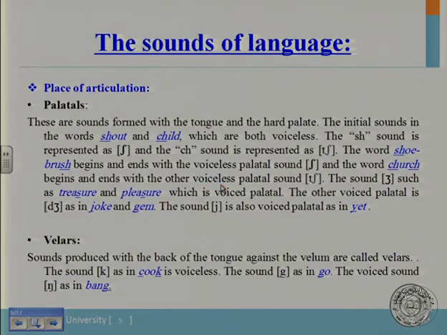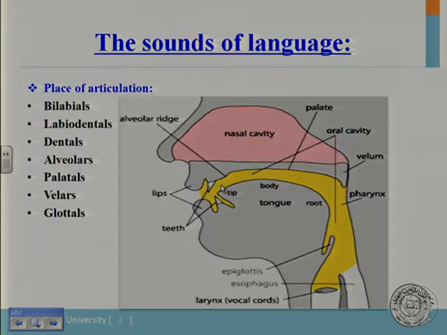And then we have velars. Velars are sounds produced with the back of the tongue and the velum. Let us check the diagram here.